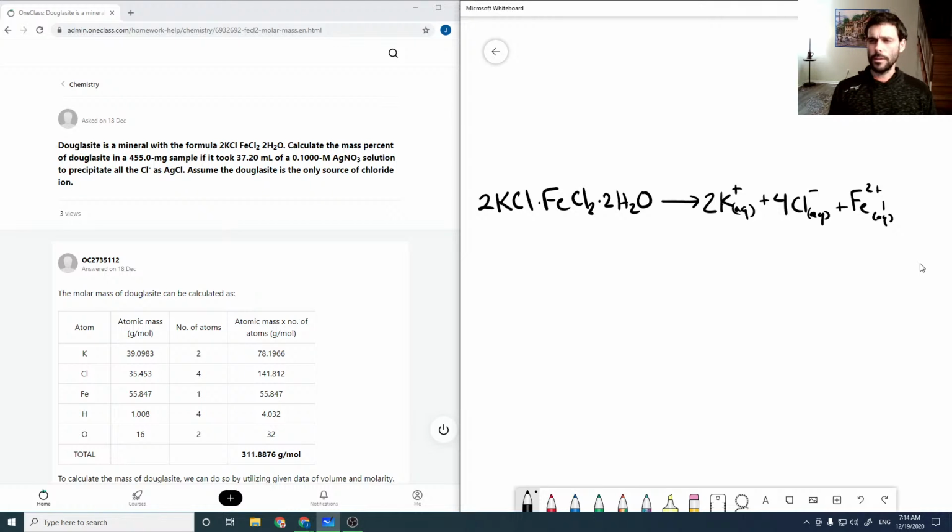Okay, so that's our source of chlorine. And then the silver nitrate reaction is going to be this to give us silver chloride plus nitrate.